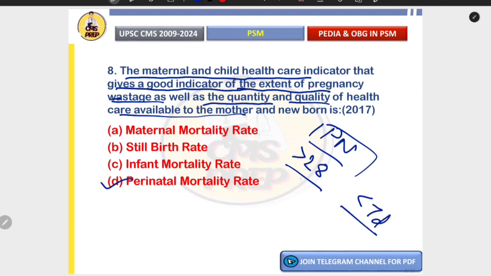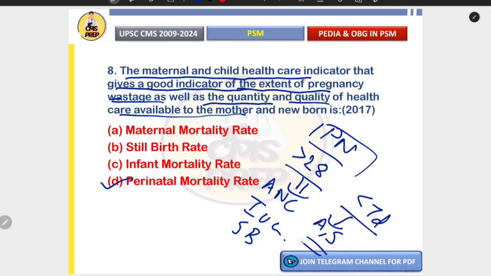So it includes both factors, that is intrauterine issues like antenatal care, intrauterine growth retardation, stillbirth, and immediate postnatal care including asphyxia, sepsis, etc. So it is the indicator of quality and quantity of health care available to the mother and newborn.